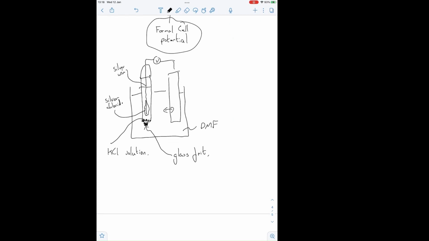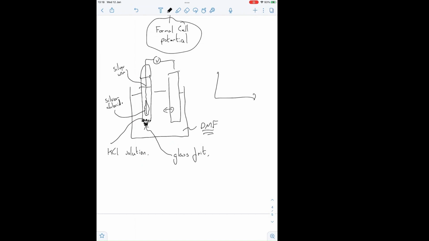If you're using organic solutions, so DMF with a salt in there, 0.1 molar perchlorate, then use a pseudo-reference. You often use a pseudo-reference electrode, a silver wire or a platinum wire. And then at the end of the experiment, you add ferrocene and you see where the potential of ferrocene is and reference everything to that ferrocene.